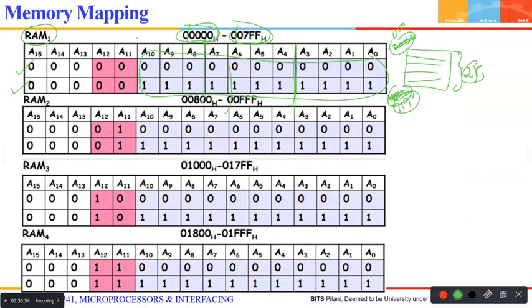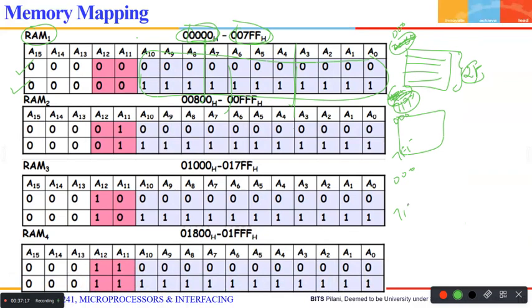That much location. Here also once again, it is 0000 to 7FFF. So this A0 to A10 will select the location among 2K bytes. So this will go directly to the address lines of the memory chip.